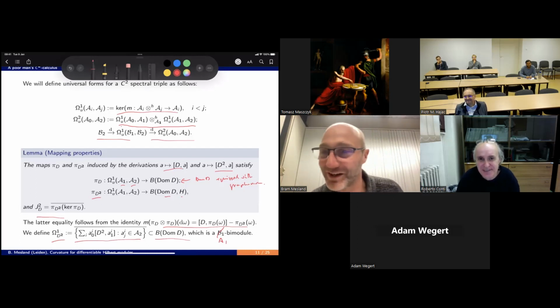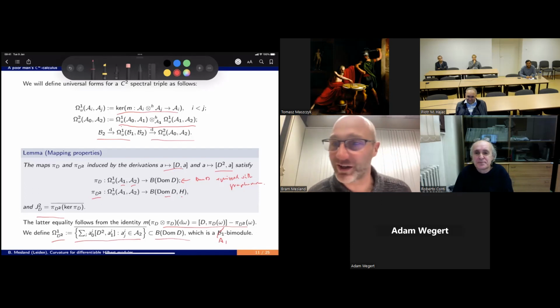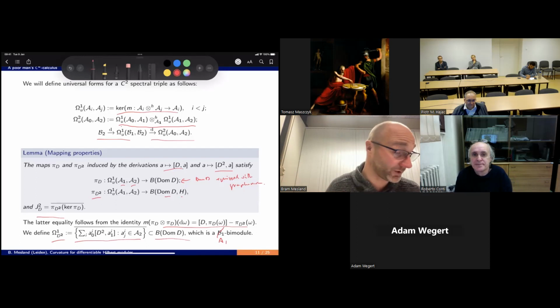I apologize for that. I often use B for this type of algebra. So when I was writing the slides, this sometimes happened to me. And this one I hadn't spotted yet, so thank you. I'll correct it afterwards when I make the slides available. But no, it's just A0, A1, A2, the respective completions from the spectral triple. The B's should be ignored, or they should be A's really.